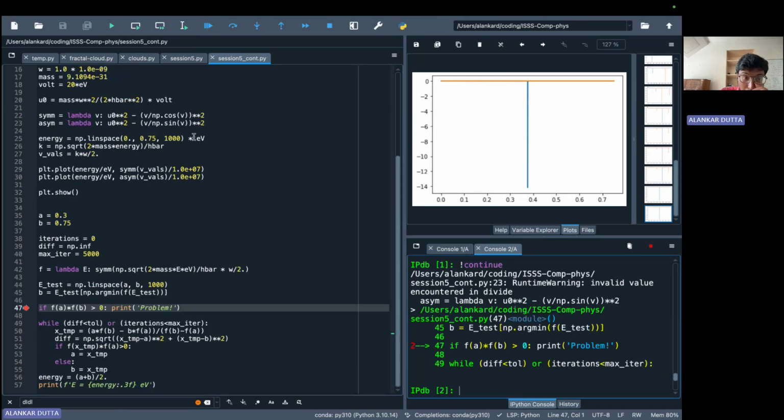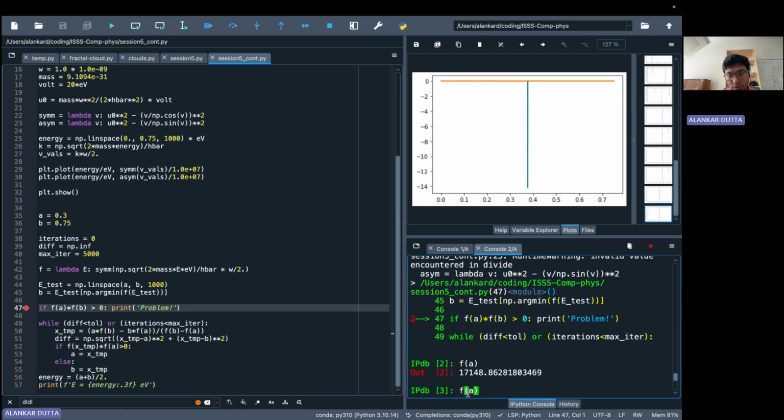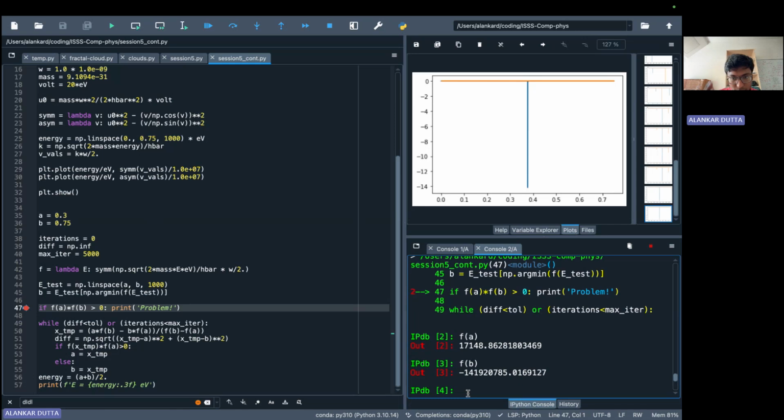Come in here and let's see what I have got. FA is a positive value. FB is a negative value for the function. So here I now clearly have a case where the function is either positive or negative.